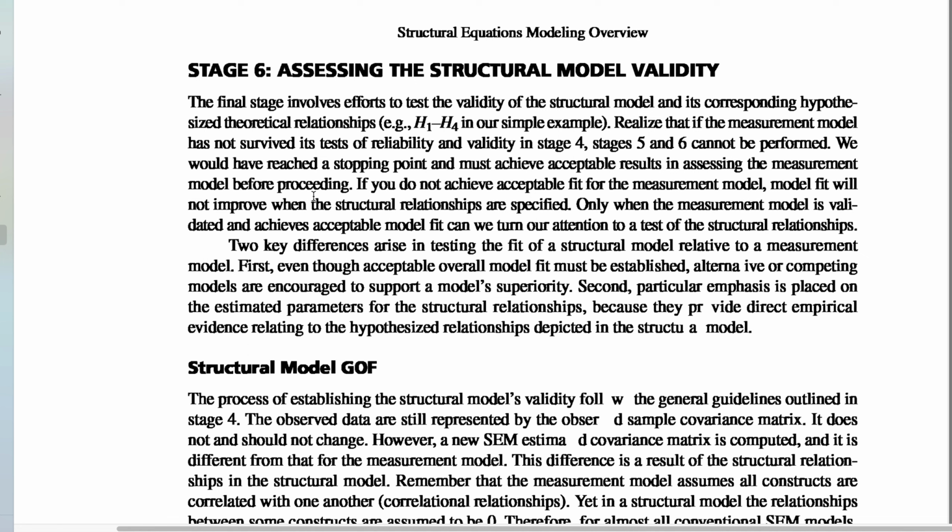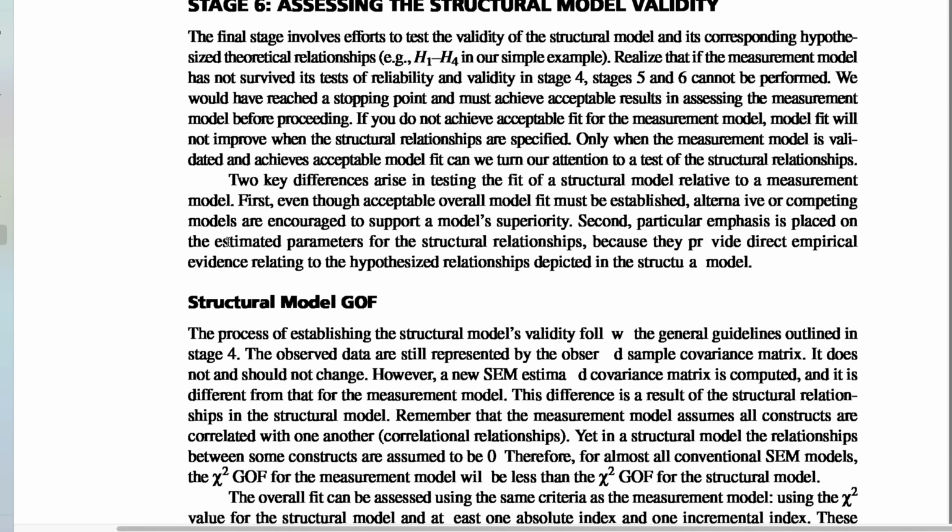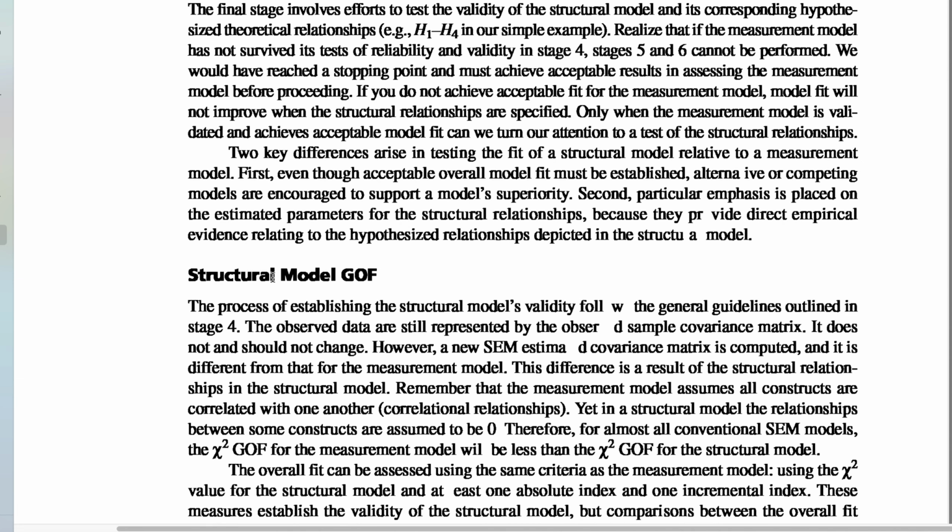We would have reached a stopping point and must achieve acceptable results in assessing the measurement model before proceeding. If you have not achieved acceptable fit for the measurement model, fit will not improve when the structural relationships are specified. Only when the measurement model is validated and achieves acceptable model fit can we turn attention to the test of the structural relationships.